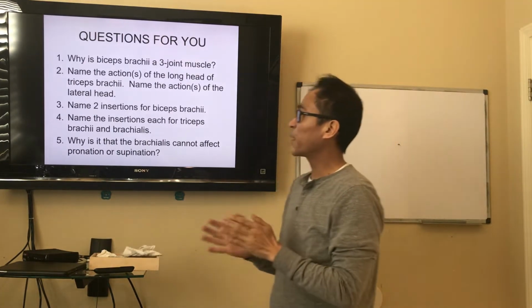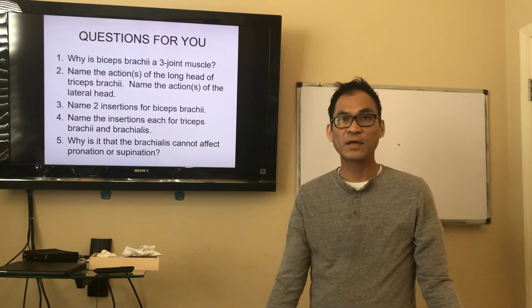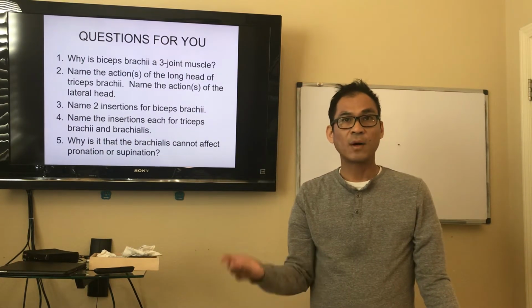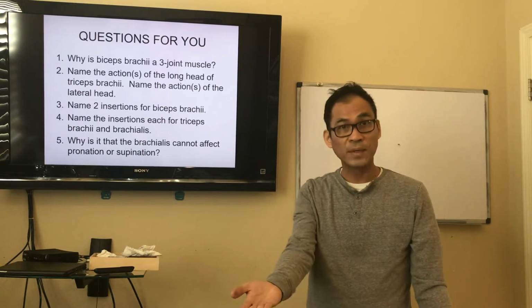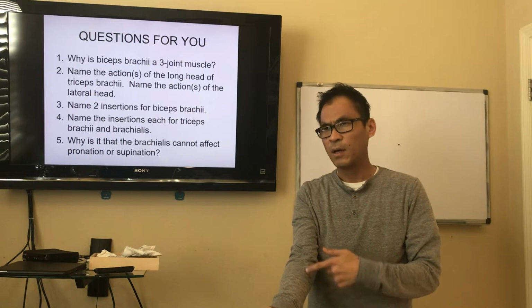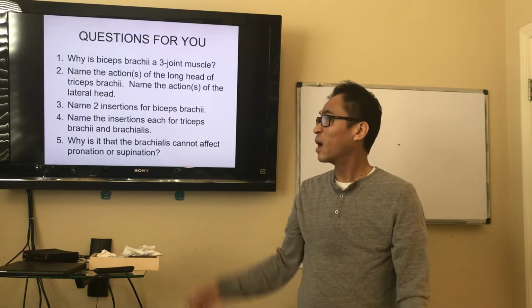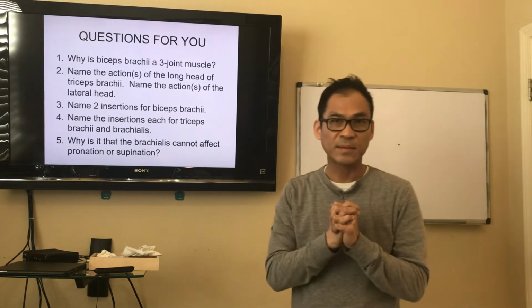Why is biceps brachii a three-joint muscle? It moves three joints. It can flex the shoulder, flex the arm, that's one. It can flex the elbow, so it can flex the forearm, that's two. It's a powerful supinator, so that's the forearm joint, the radioulnar joint. Okay, so that's three.